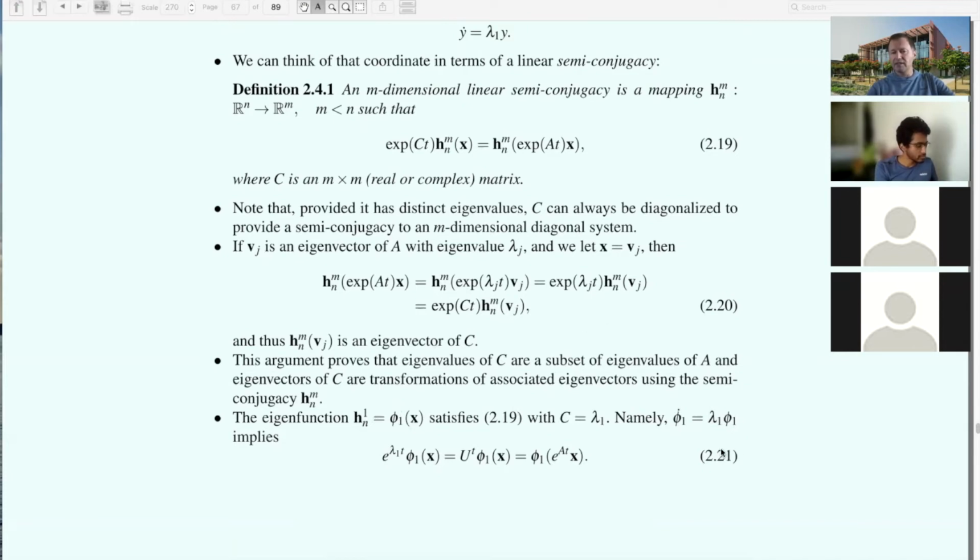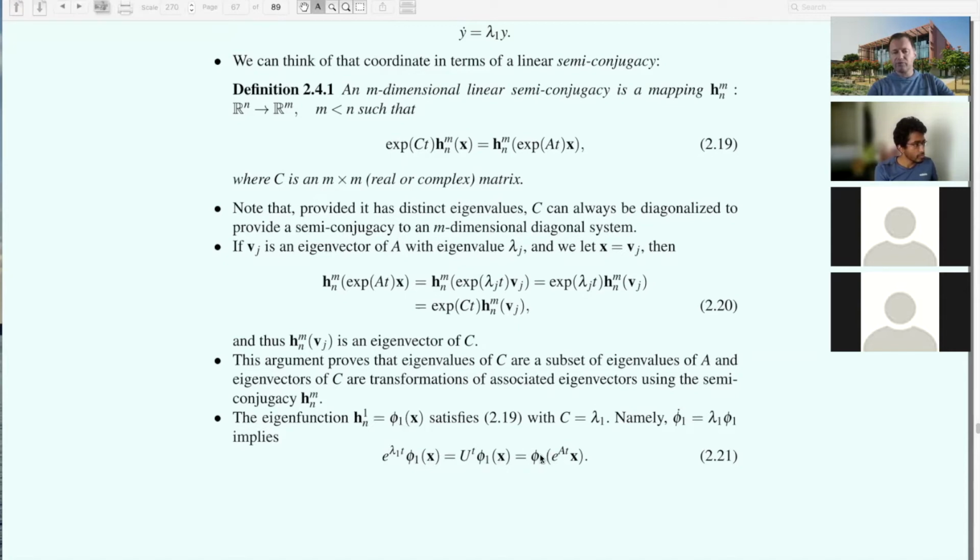So that immediately gives us that we satisfy this equation in this form: e^(lambda_1 t) phi1, which we define to be H_n1, in other words, we defined H_n1 to be phi1, is equal to U^t phi1, by definition of phi1, because phi1 is an eigenfunction of the Koopman operator, so it satisfies this relationship.